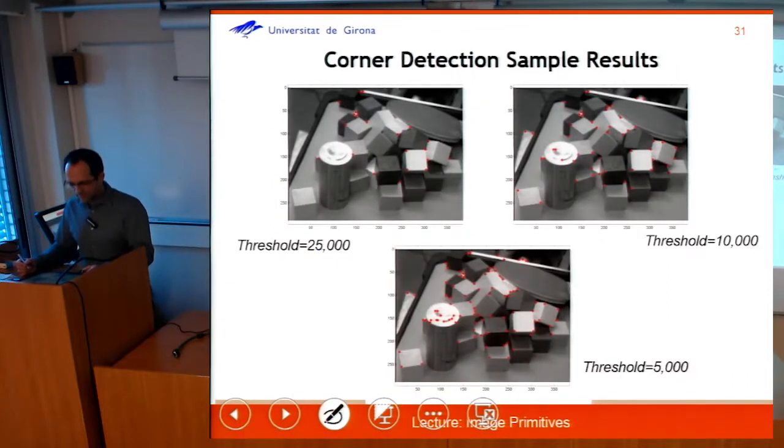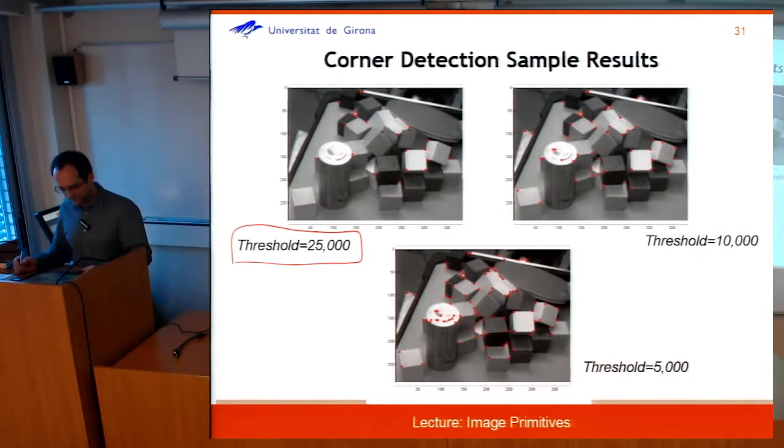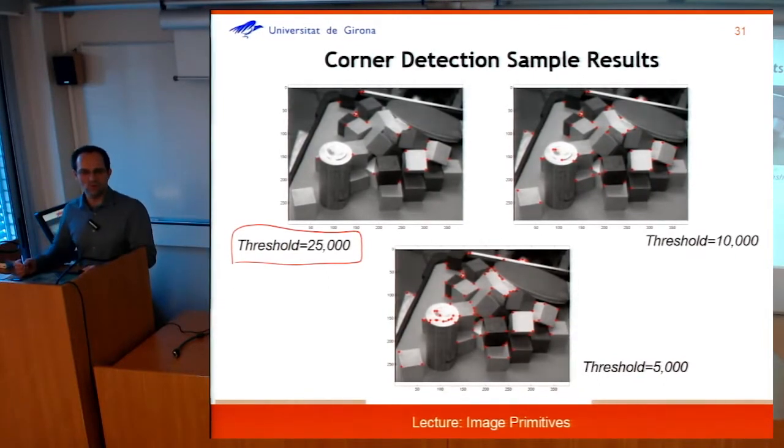Let's see this example of corner detection in an image, in which I'm setting a threshold of 25,000, and you see these are the corners. Anything that is bigger than 25,000 in the R image, after computing this cornerness value R, is a corner that I detect.